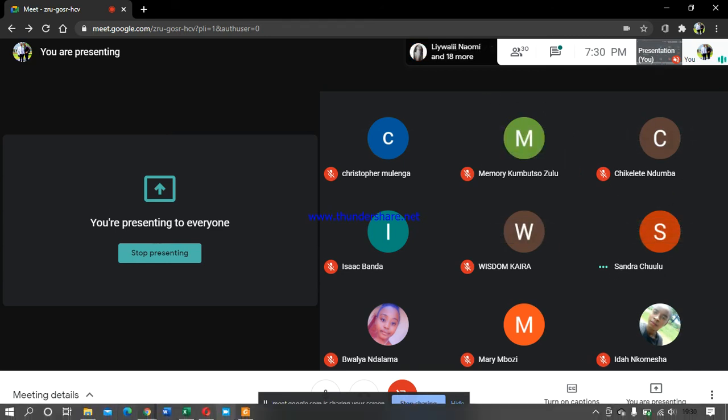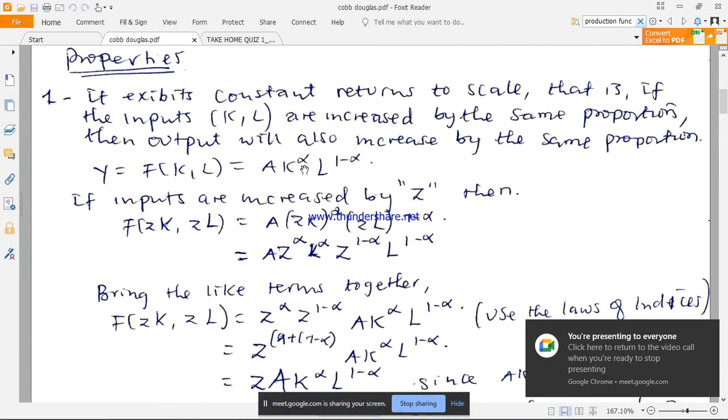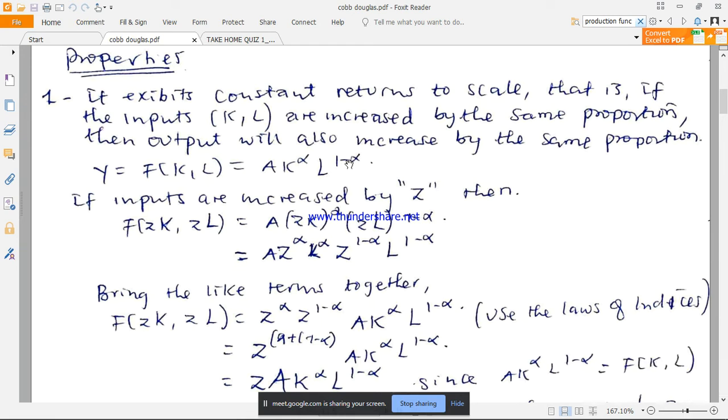Now, let me explain something. Check this out. Since we've got alpha and 1 less alpha, the simplest method to check if a production function has decreasing, constant, or increasing returns to scale is to add alpha plus 1 less alpha.